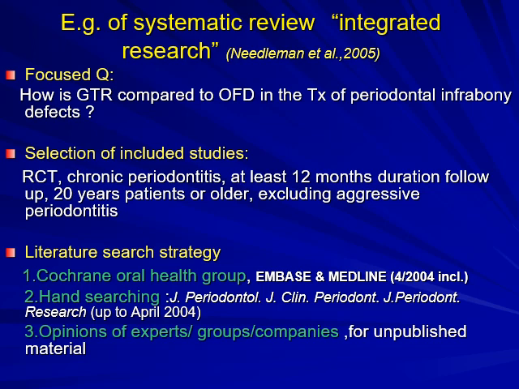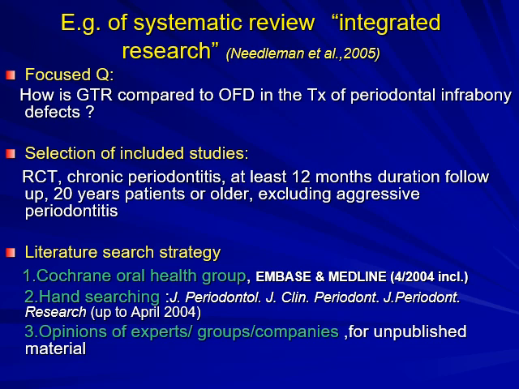And the literature search will also be explicit. They use, for instance, the Cochrane Oral Health Group, Embase, Medline, etc. Hand searching can be allowed, but only certain journals are selected, for example, Journal of Periodontology, Journal of Clinical Periodontology, Journal of Periodontal Research, and the years that we follow will also be specified.